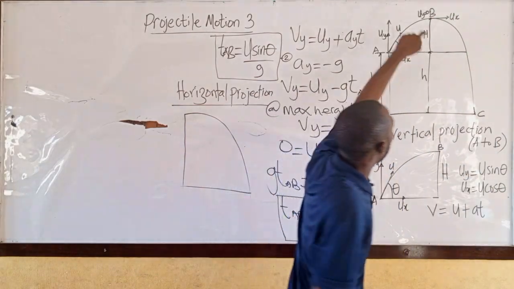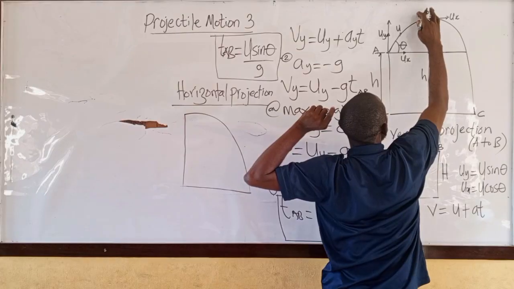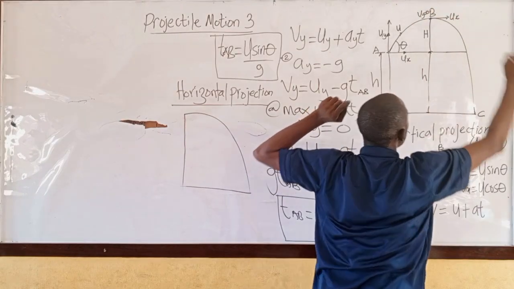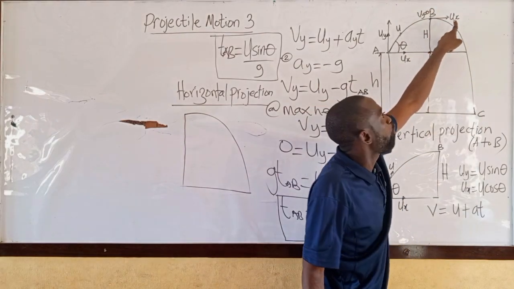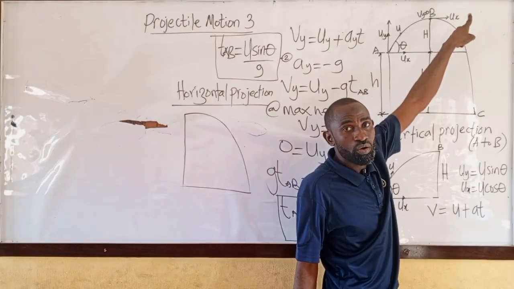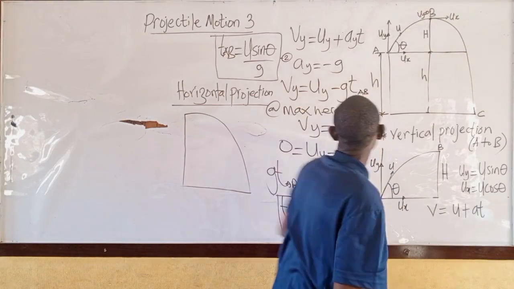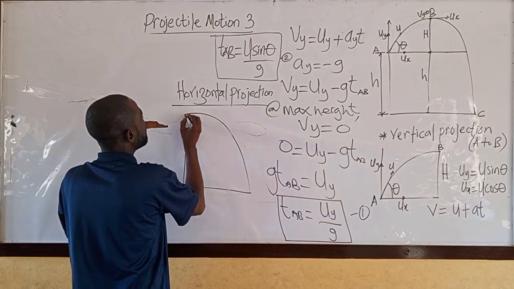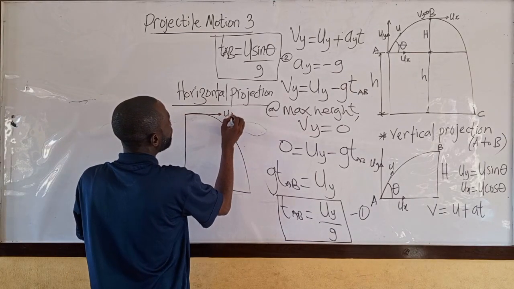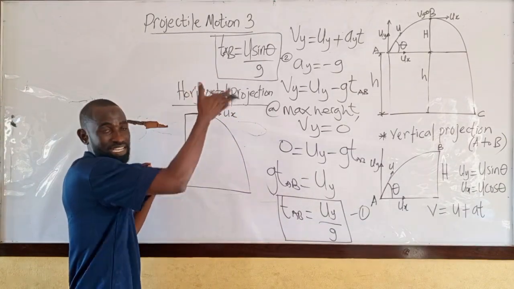So at the highest point, the vertical velocity equals 0, so only U of X is applicable here. Horizontal velocity is the only one at the maximum height. So at this point, I still have my U of X, which is similar to what we just did in case 1.